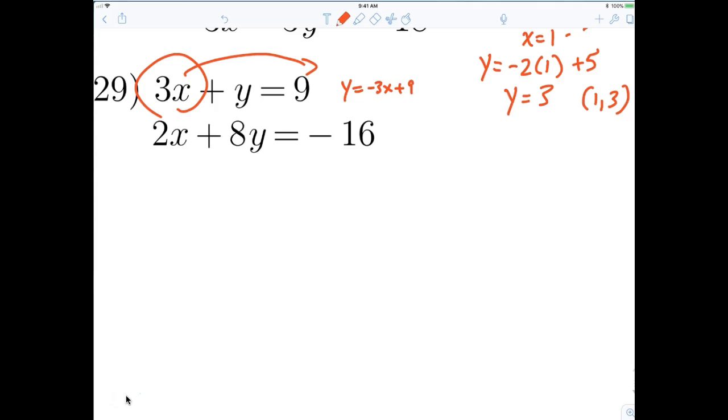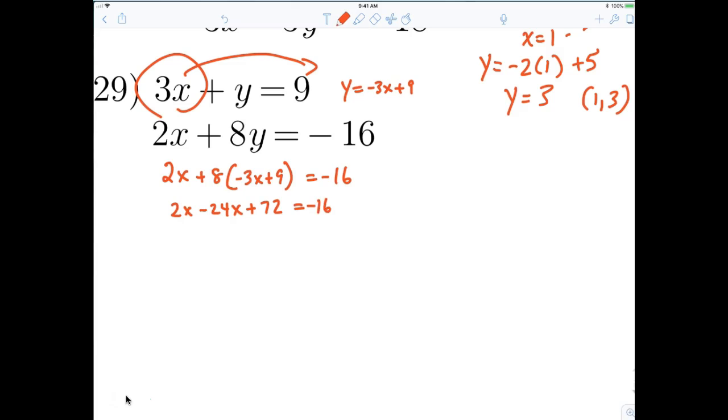And now wherever I see a y, I put what? Negative 3x plus 9. So 2x plus 8 times negative 3x plus 9 equals negative 16. Everybody good with that? So now 2x minus 24x plus 72 equals negative 16.